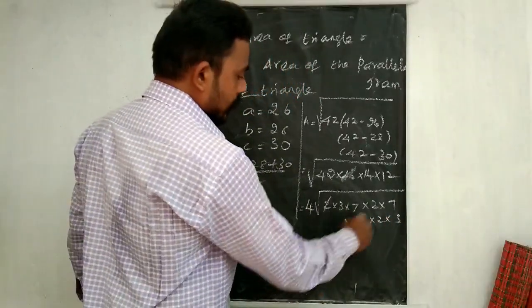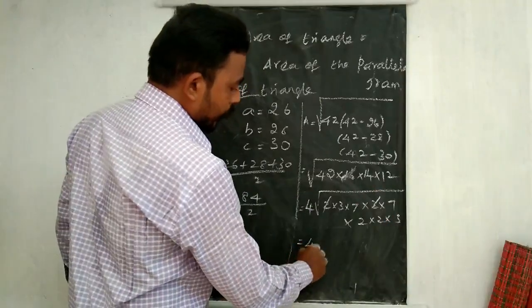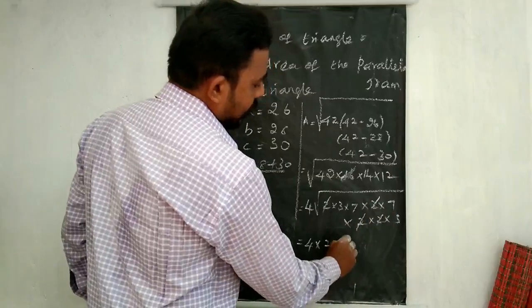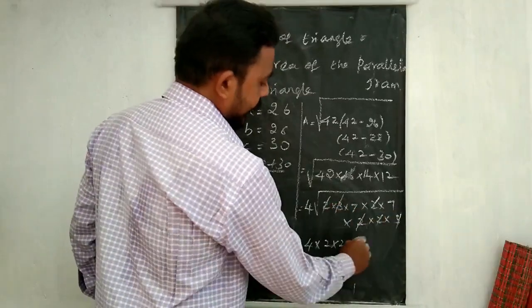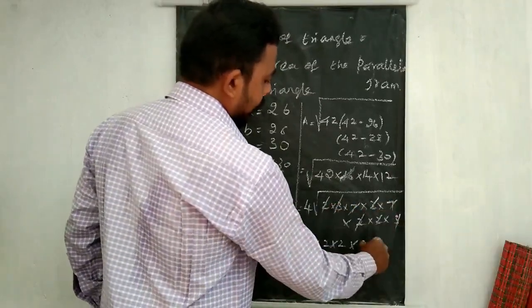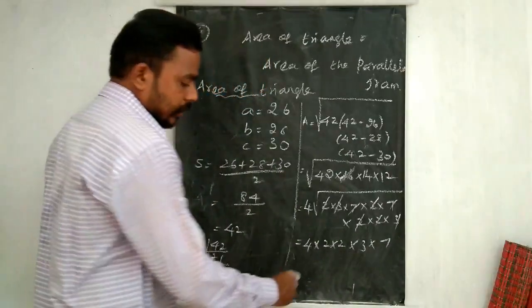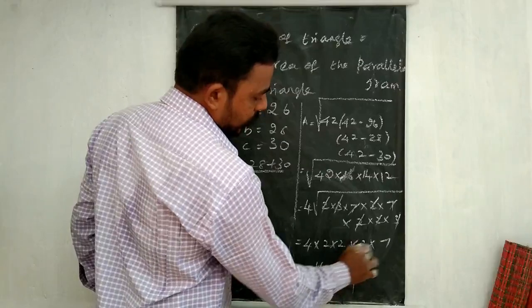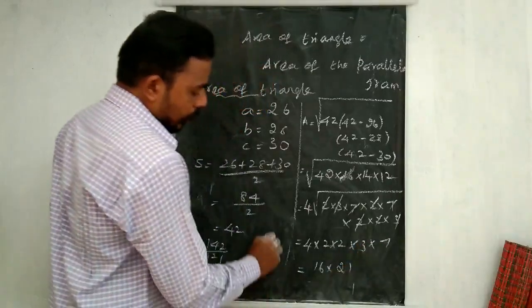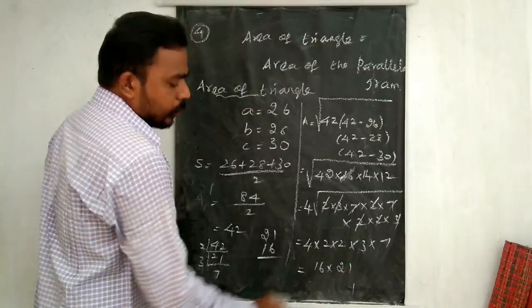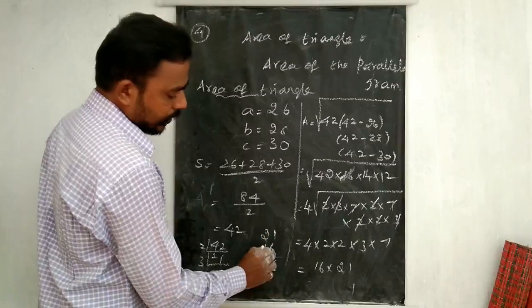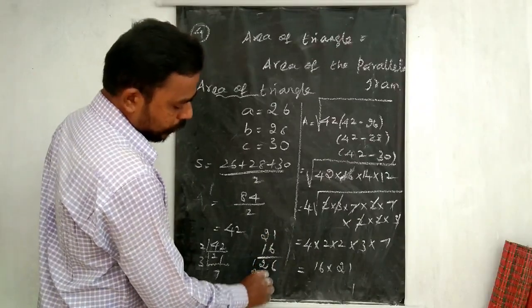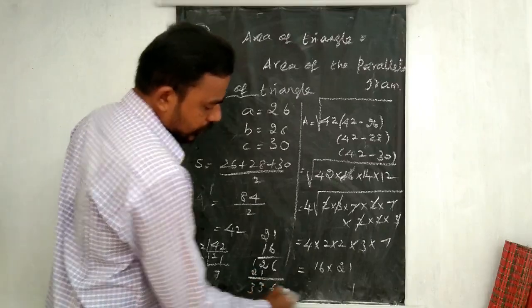Now for this 2 I can write 2, so 4 into 2. For this 2 I can write another 2. For this 3 I can write 3. For this 7 I can write 7. Now 4 4s are 16 into 3 7s are 21. 21 16s are 6, 2 6 are 12, 3 3 6.